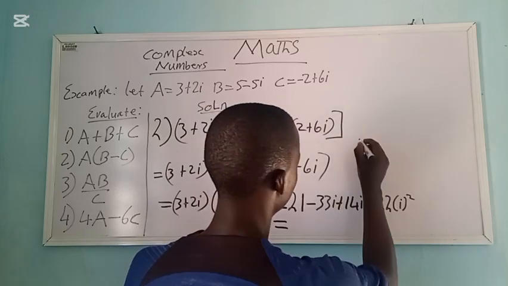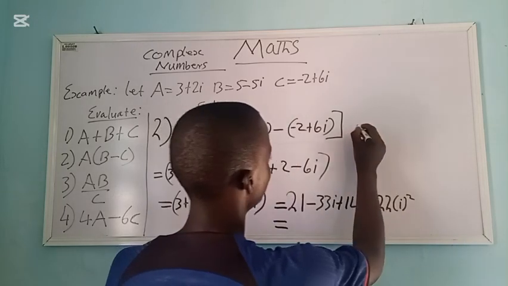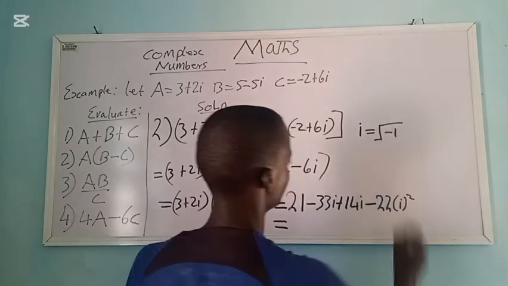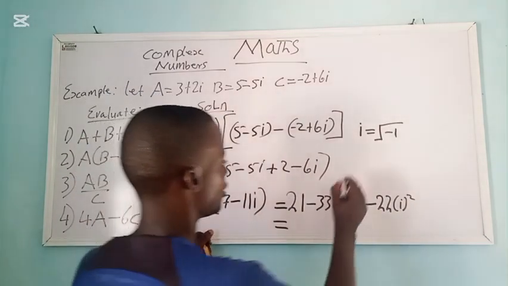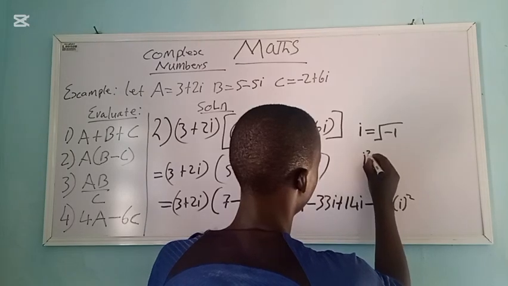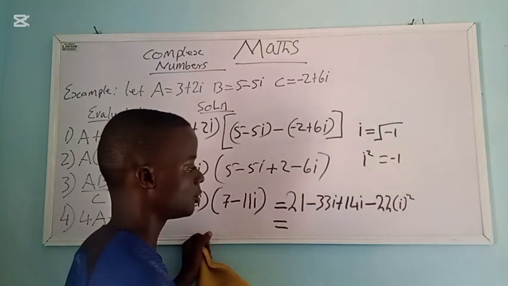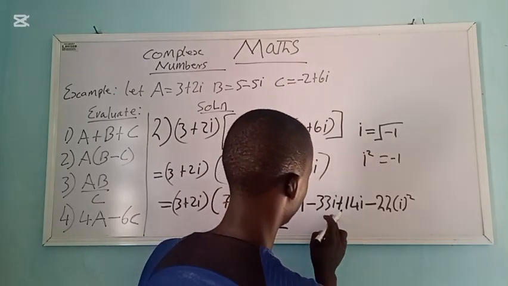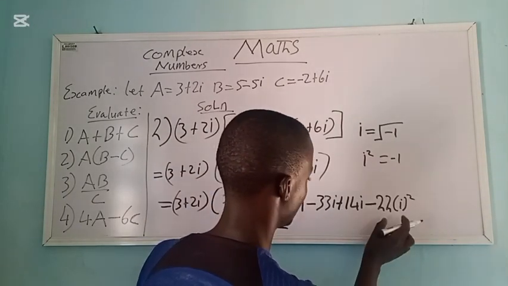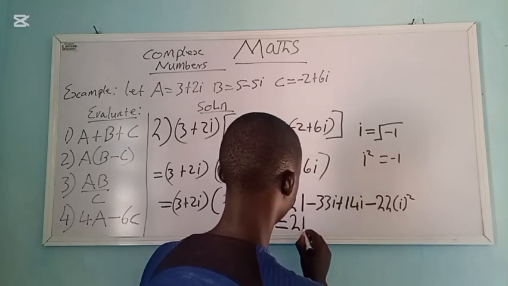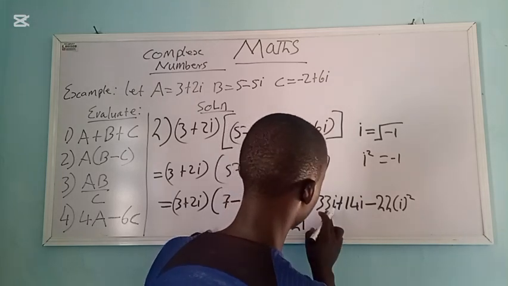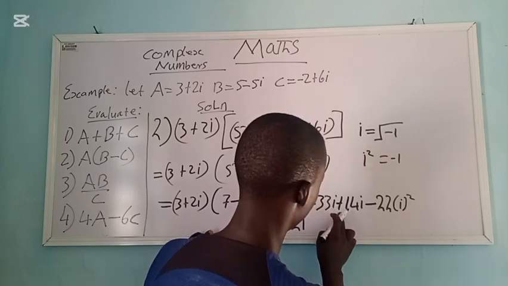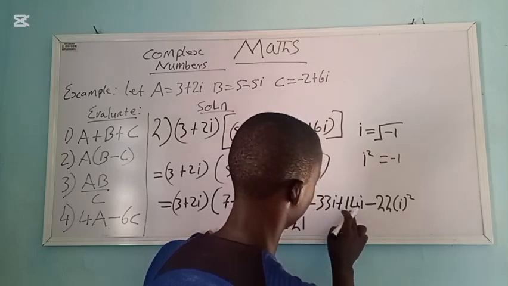You know that i is equals to root minus 1. So now when it comes to i square, it will be minus 1. So now we will have 21, minus 33i plus 14i.